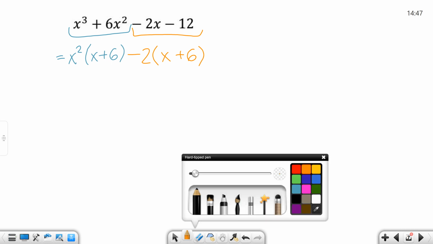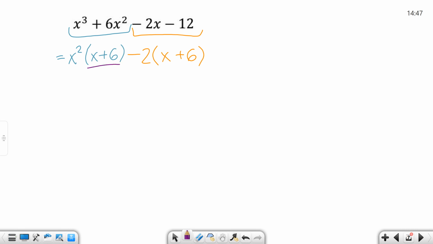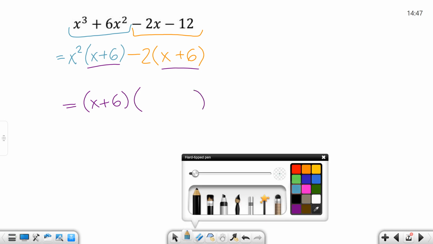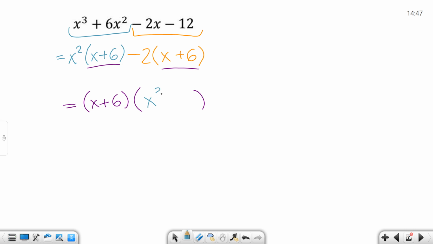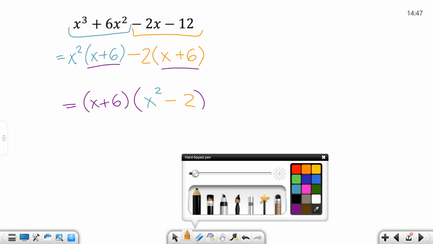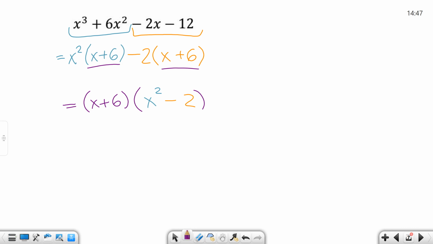So then I ask myself, did grouping work? X plus 6 and x plus 6? Yes, grouping worked. So x plus 6. And then what's left over? Well, in my little kind of light blue here, x squared. And then what's left over in orange? Minus 2. Again, I look at this and go, okay, am I done or do I need to keep going? Well, right here I wasn't done because that wasn't in parentheses.